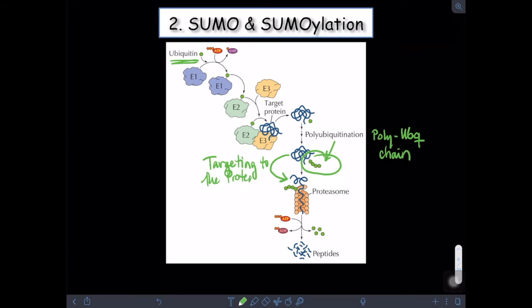So polyubiquitination is typically thought of as targeting proteins for proteasomal degradation.